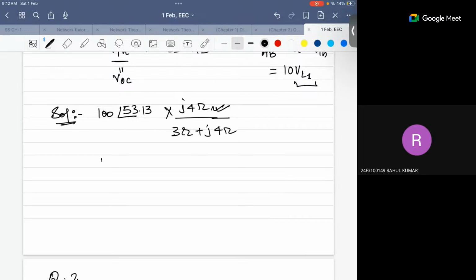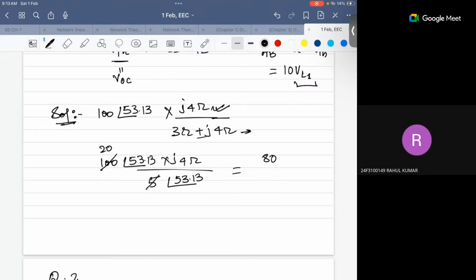This you can solve: 100 angle 53.13. This also you can write in polar form, J 4 ohm. If you write it in polar, the magnitude will be 5 and the angle will be tan inverse 4 upon 3, which is also 53.13. So you'll be left with 5, which you can cancel. 100 over 5 is 20, so you'll be left with 80 times this angle.